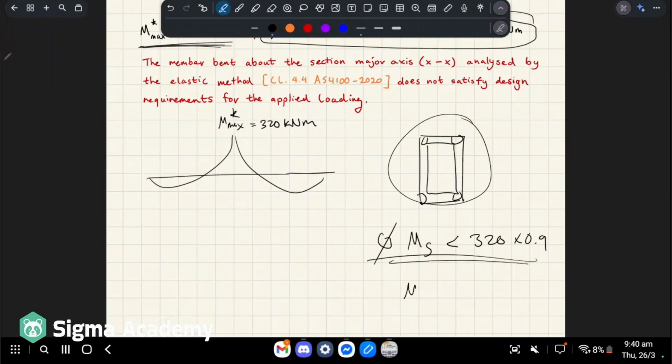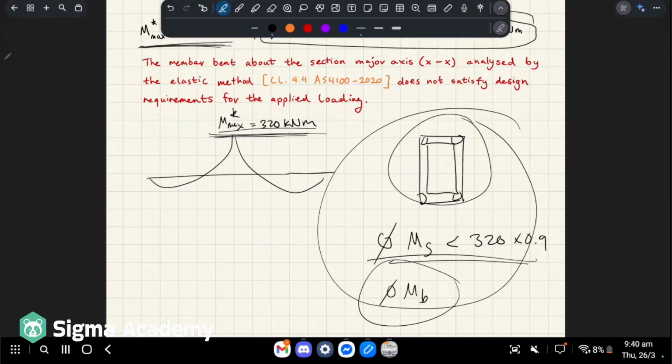Like I'm not going to calculate MB because it's never going to satisfy our bending moment to begin with, right? You should increase your section to the point where it satisfies the overall bending moment before touching it.